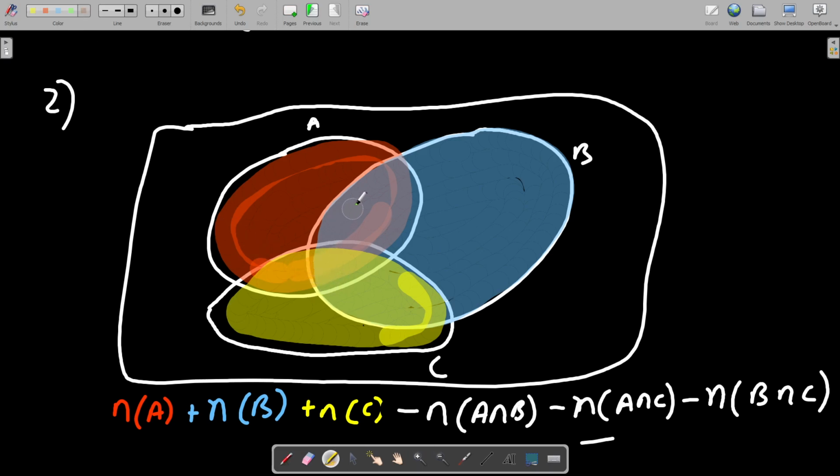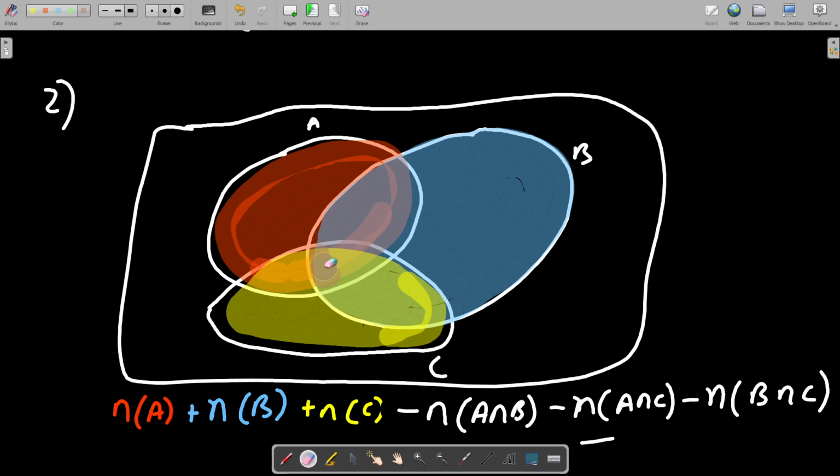This particular region, we first separated the region which is between blue and red, right? Then we separated the region between red and yellow, right? So notice here this particular region over here.